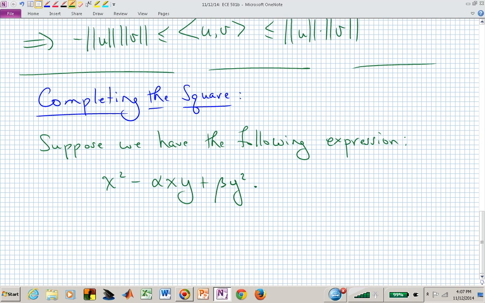We want to basically complete the square so that we can now write this as a sum of two squares.